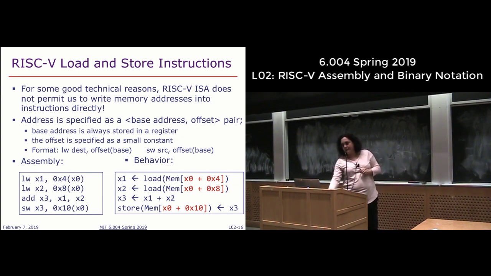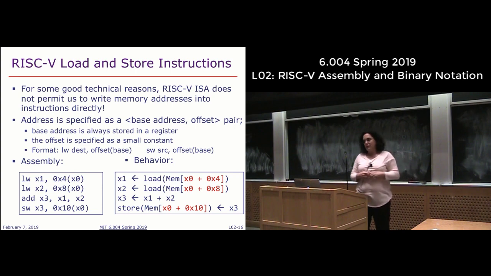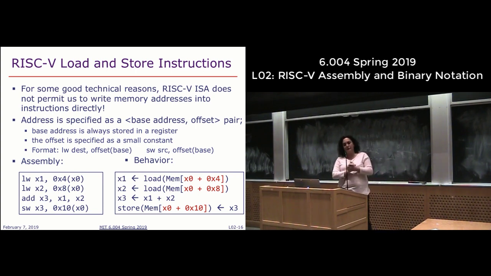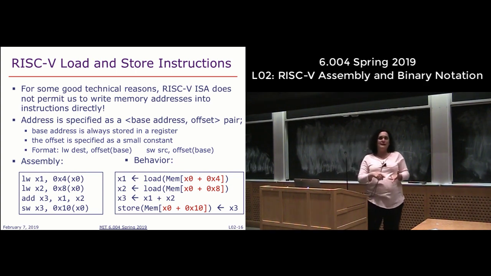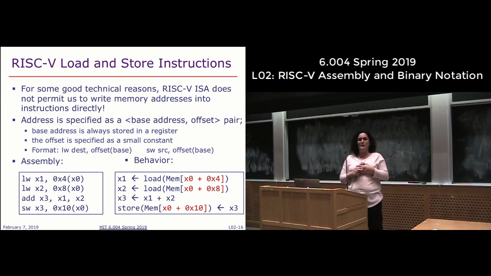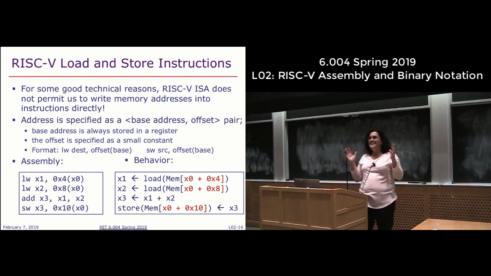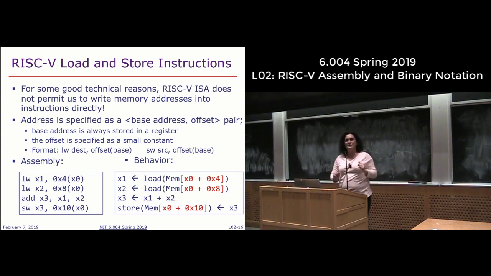And so if I say load W x1, 0x4(x0), the meaning of that is I'm going to load into register x1 the value that's coming from the memory location whose address is what's stored in x0 plus the constant 0x4. Okay? It's kind of a lot to wrap your head around, but as you get used to it, it won't seem so daunting. Any questions about that?